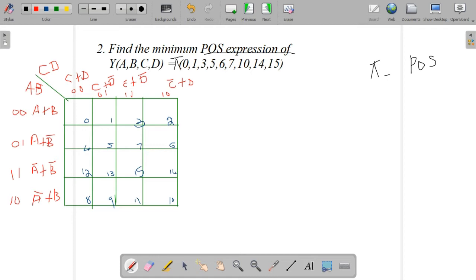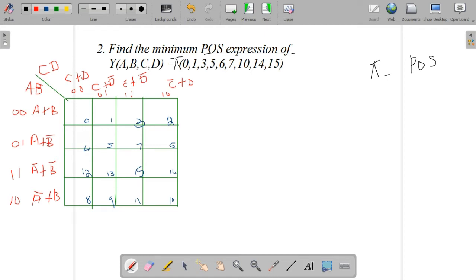Sometimes the question will be reduce the expression, find the minimum expression, or find the final expression. These all indicate to reduce the given function using K-map.